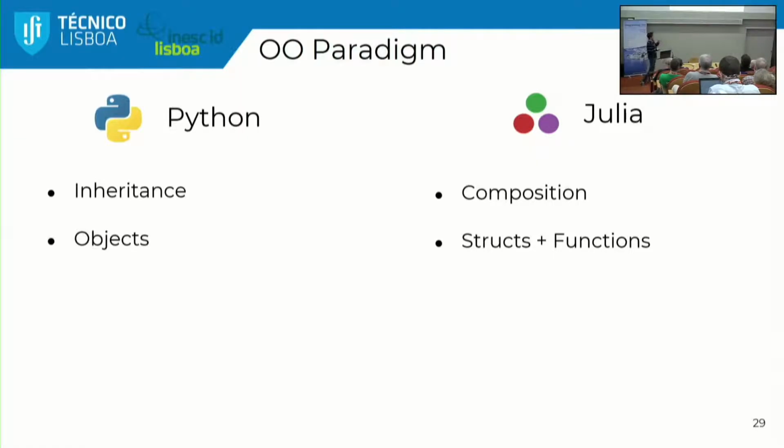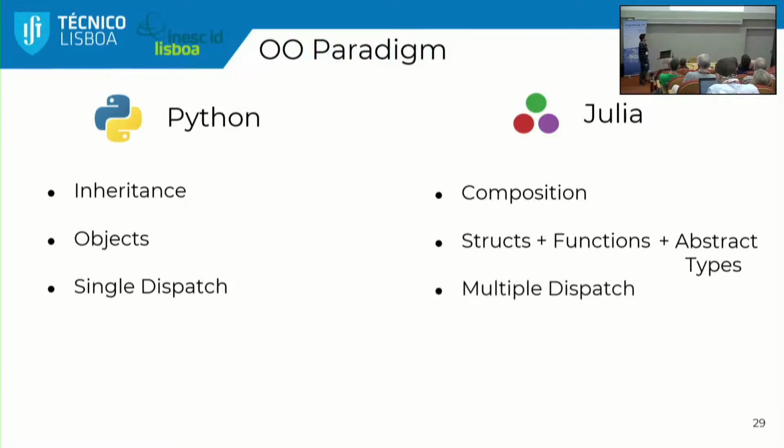If you want to define a hierarchy in Julia, whereas Python objects can extend other objects, in Julia you need to define abstract types to define that hierarchy. Then you also have single dispatch. Python only allows for single dispatch, and in the case of classes, it dispatches on the self argument. And Julia offers multiple dispatch, where you can use functions and relate them to structs by using multiple dispatch.